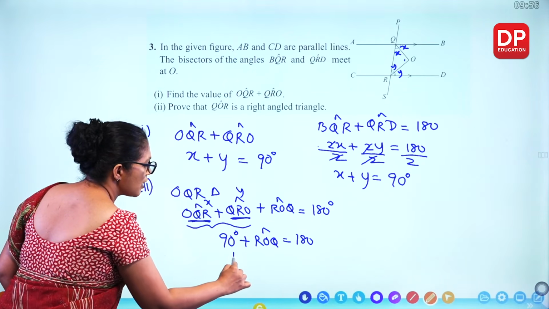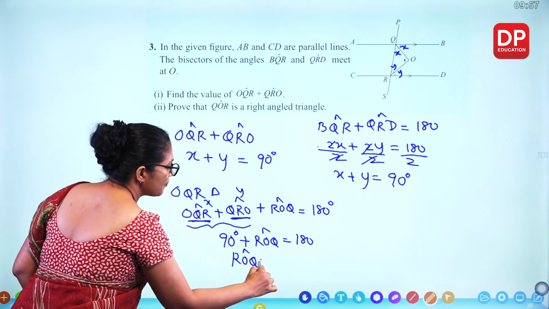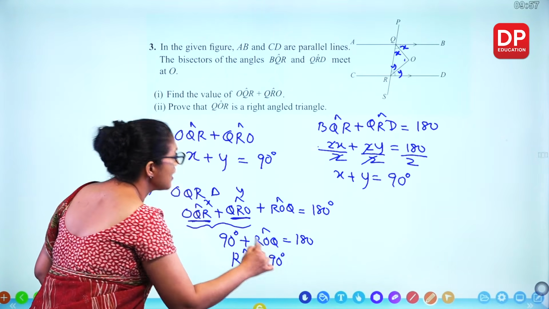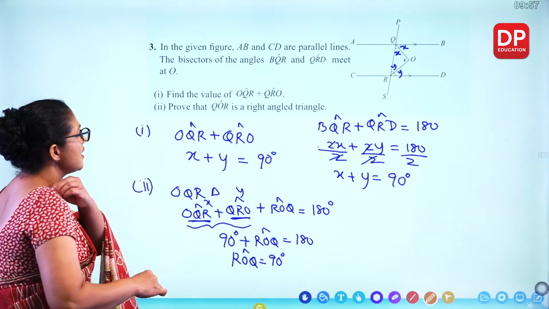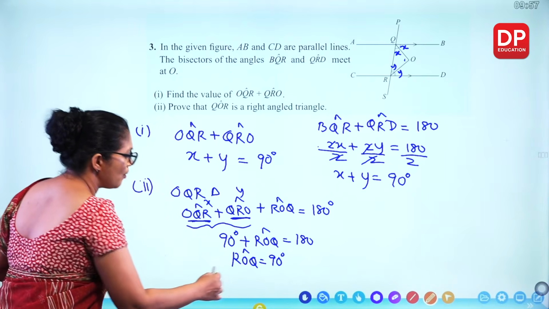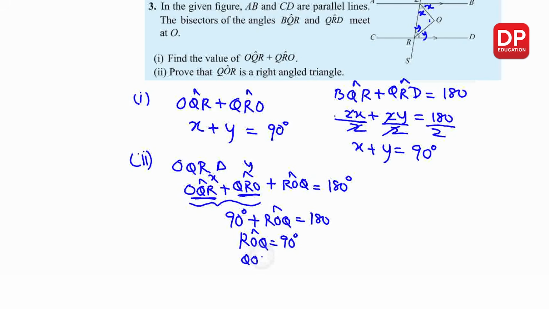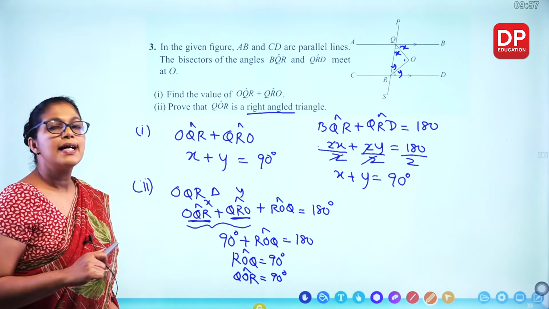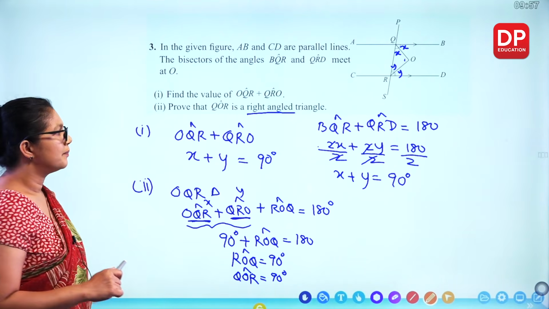So what is ROQ angle? 180 minus 90. You get 90 degrees. So here they are asking QOR or ROQ. You can see that's 90 degrees, so that's a right angle, meaning that angle is 90 degrees.